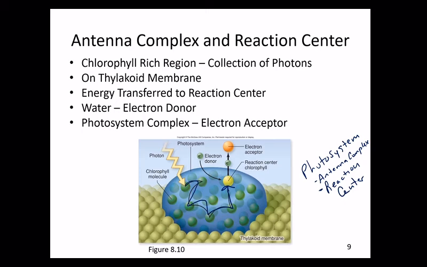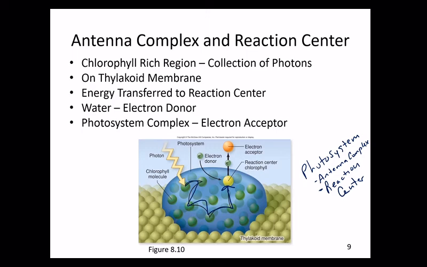The reaction center is going to contain a special chlorophyll molecule. It's special in the sense that this is going to allow for the beginning of electron transport. And so the electron transport will then begin to move from the reaction center using the light energy that's collected.